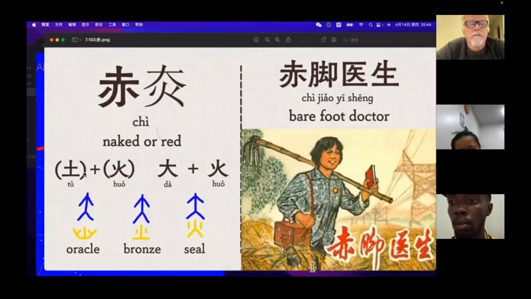This is a god. And the fire indicates that he's red. So this originally indicated Betelgeuse. And Betelgeuse indicated the celestial equator.